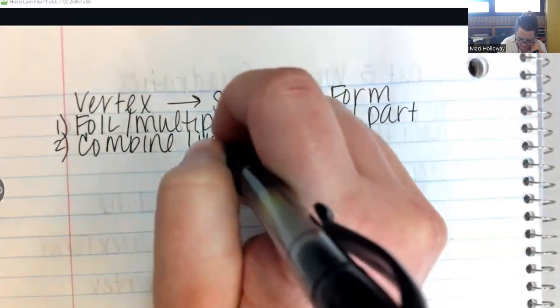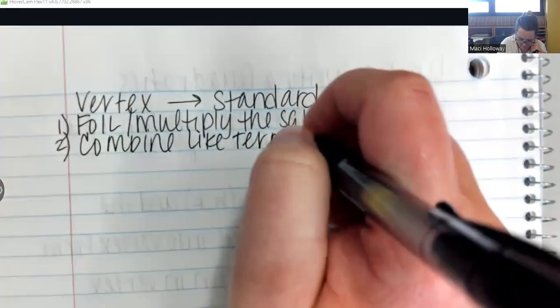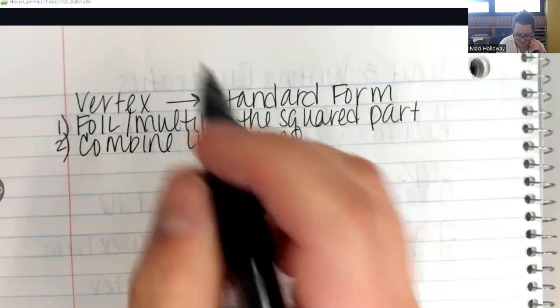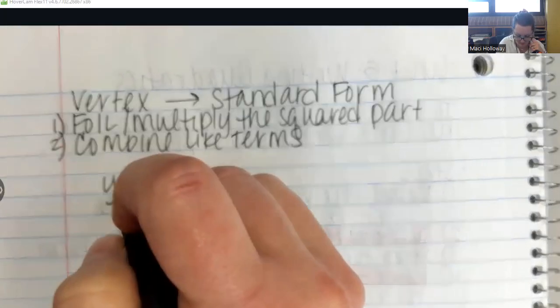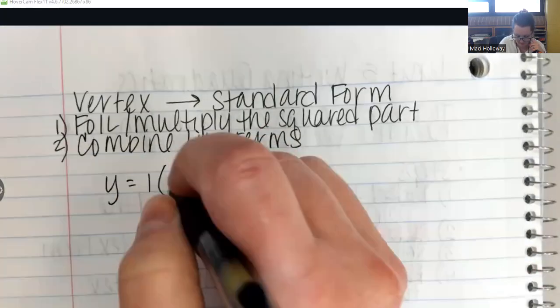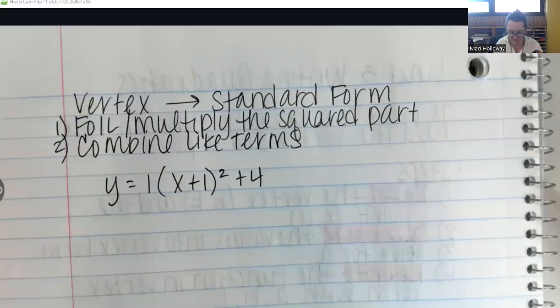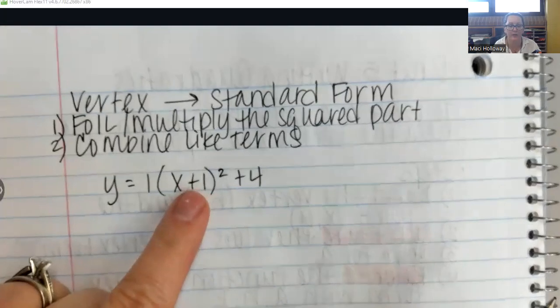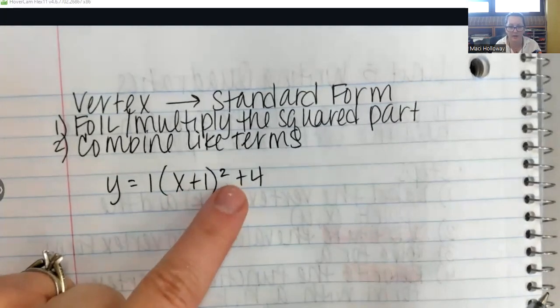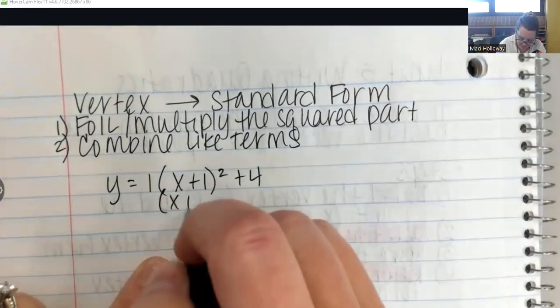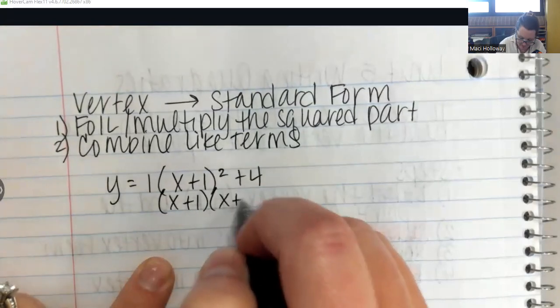All right, let's take our second example, y equals 1 times x plus 1 squared plus 4. When I say FOIL, this x plus 1 squared actually means x plus 1 times x plus 1.